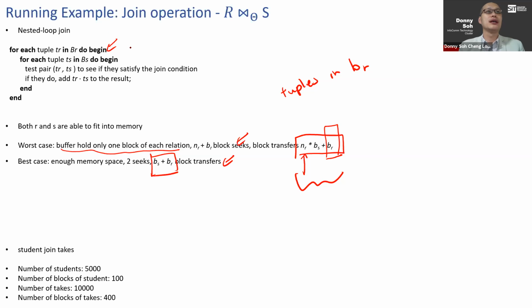So for each block, I have to do one block seek, and for each tuple in my outer table, I have to do another seek operation.